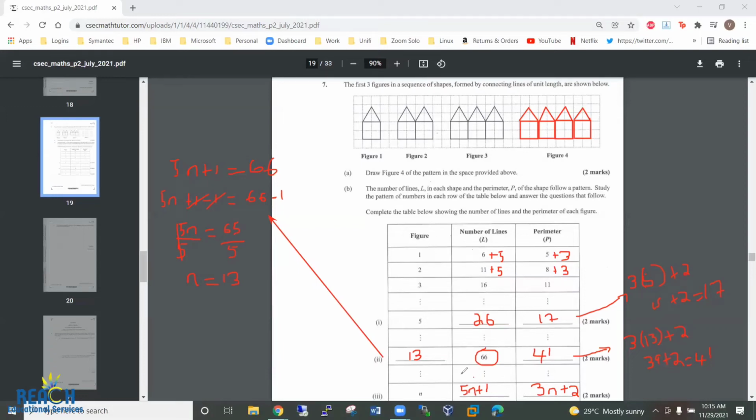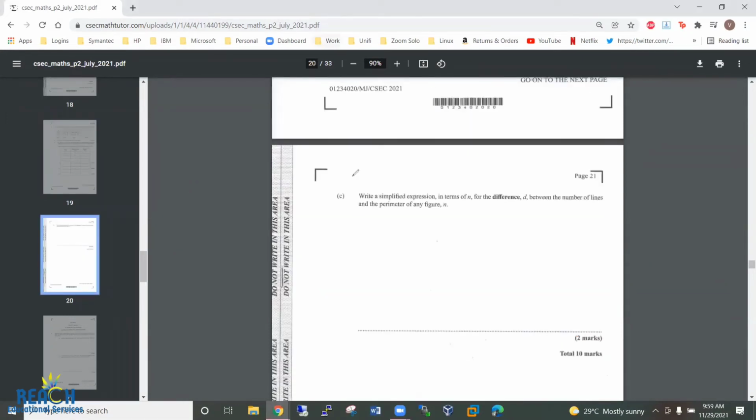I want us to remember these 2 formulas because they will be in the next question on the next slide. That's part C. Remember, for the number of lines we had a formula of 5n plus 1, and for the perimeter we had a formula of 3n plus 2. They said we should find the difference, so we'll have a subtraction sign.